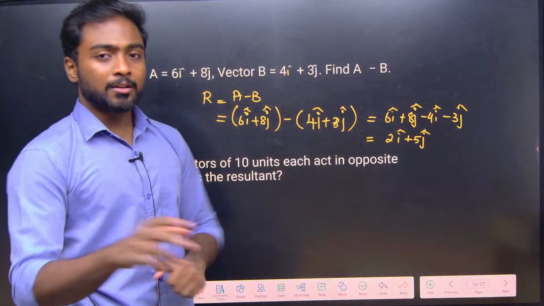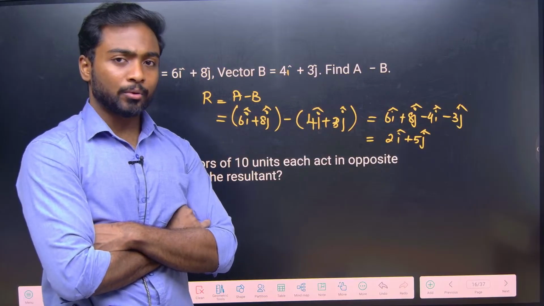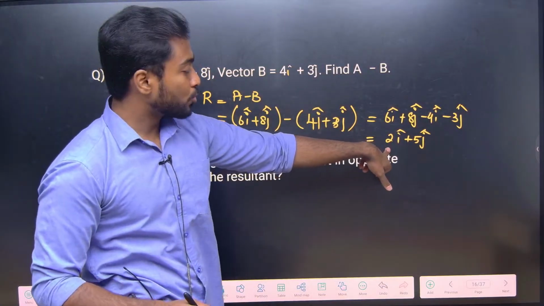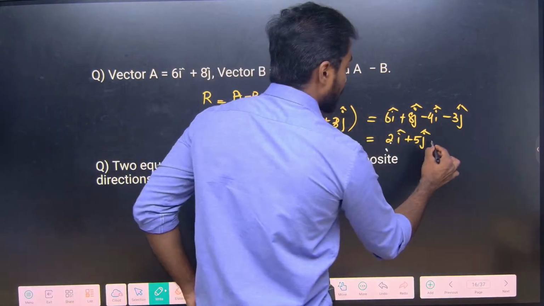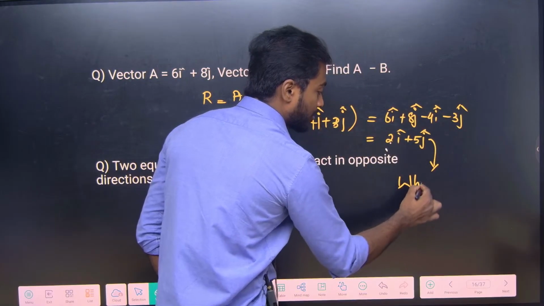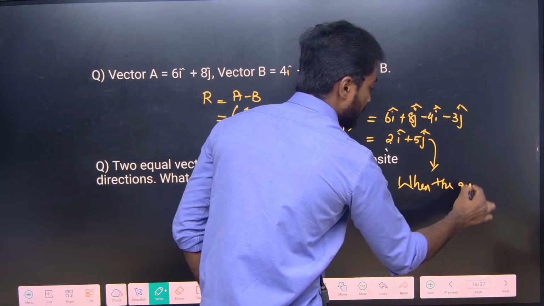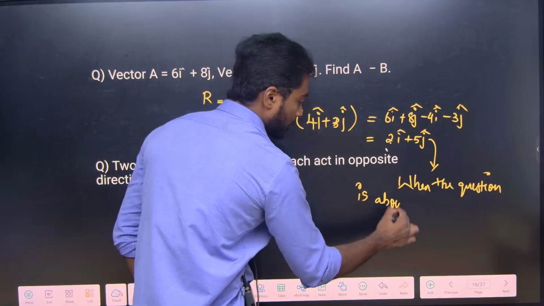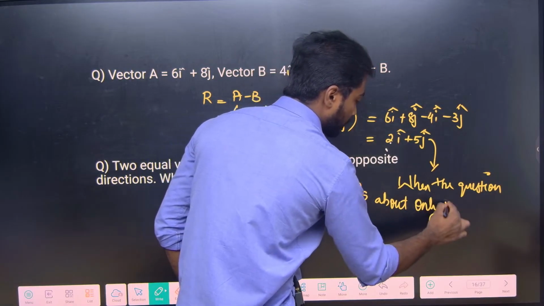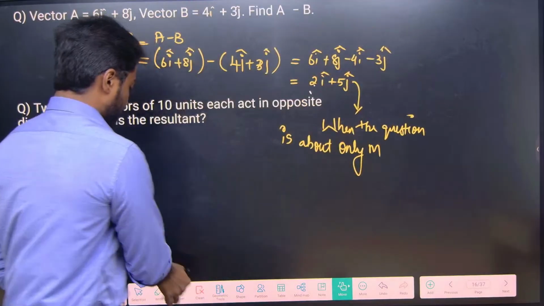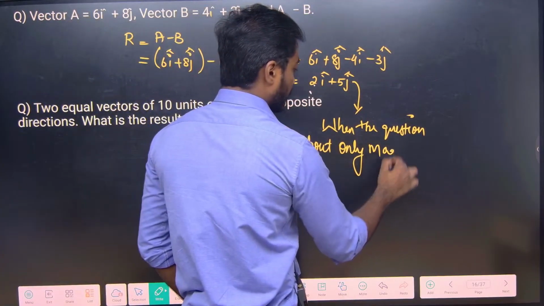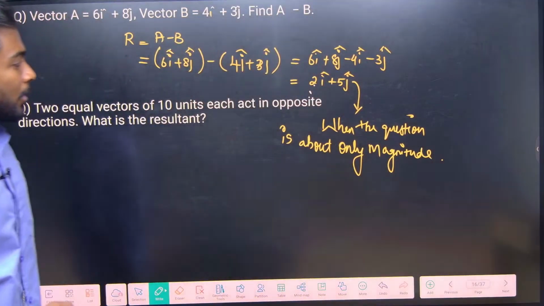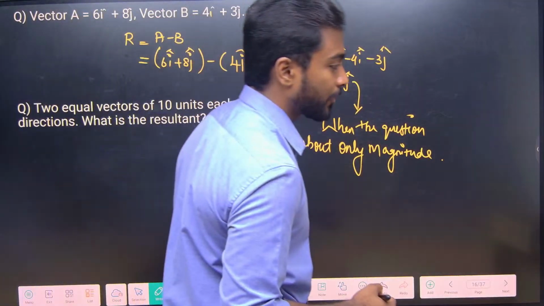Now the question is, what is the magnitude? Only magnitude they are asking. For magnitude, I need to take under root of 2 square plus 5 square, that's it. When the question is about only magnitude, yes, it's root 29, fine, it's correct.